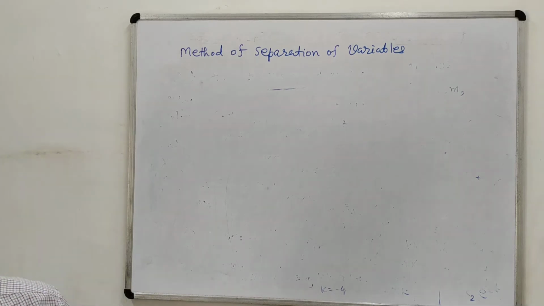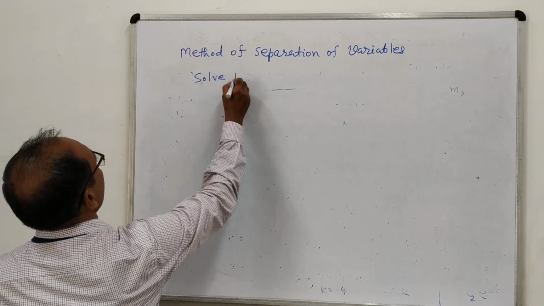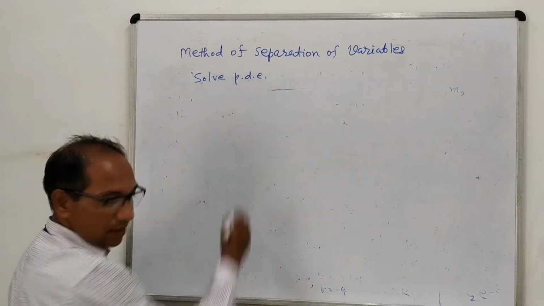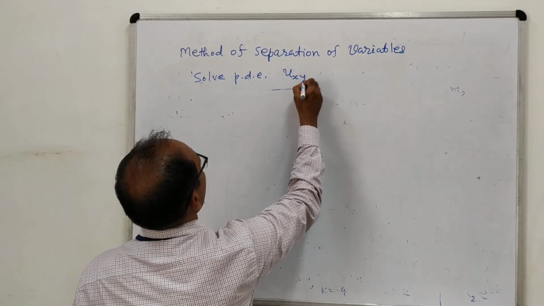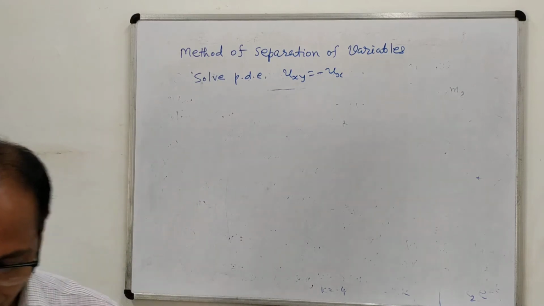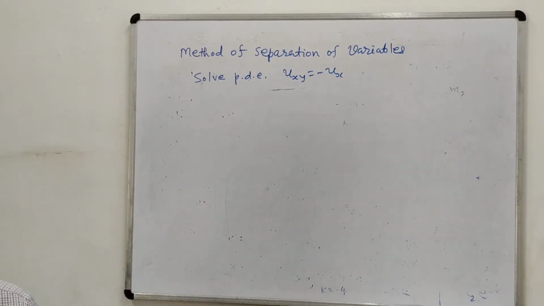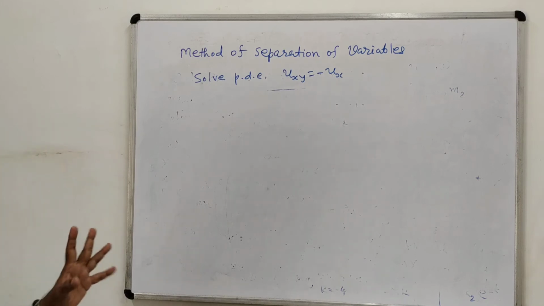Let us see another example. Solve the partial differential equation uxy equal to minus ux. Now this solution is very simple. Here we are not given any condition, only the equation is given.